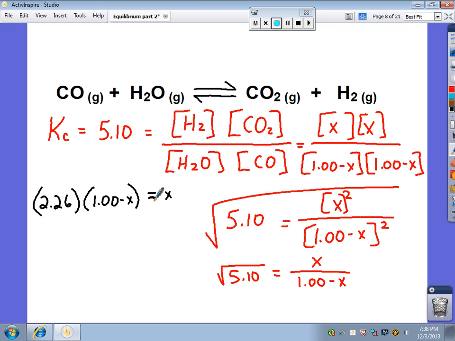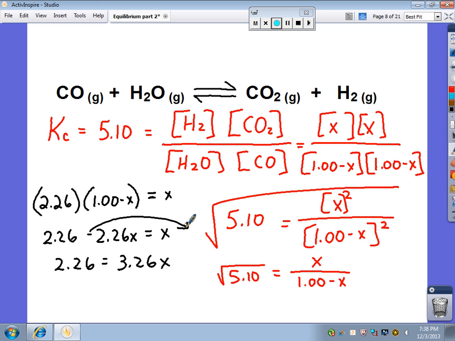So, if I do my algebra, I have 2.26 times 1, which gives me 2.26, minus 2.26x equals x. Now if I do math here, I'm going to have 2.26 equals 3.26x. Right, if you move this over to this side, you have to add it on both sides.